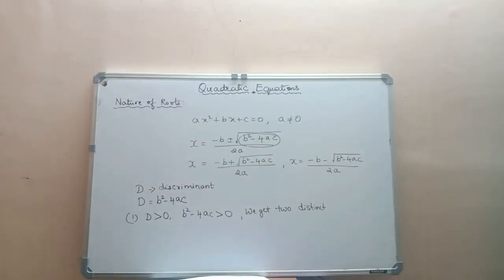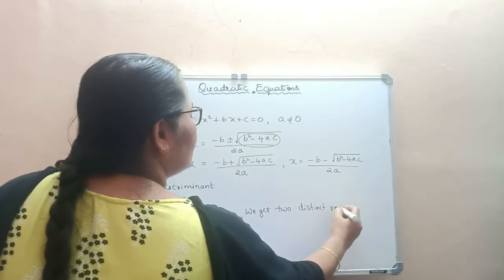What do you mean by distinct? Different. Two different roots we will get. So when the discriminant is greater than 0, then we get two distinct real roots.